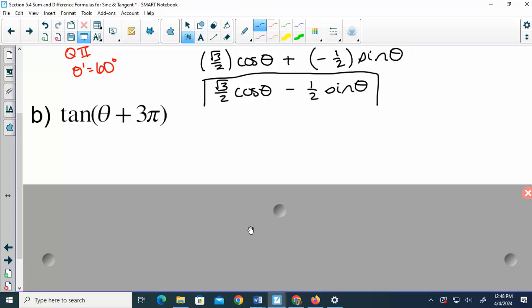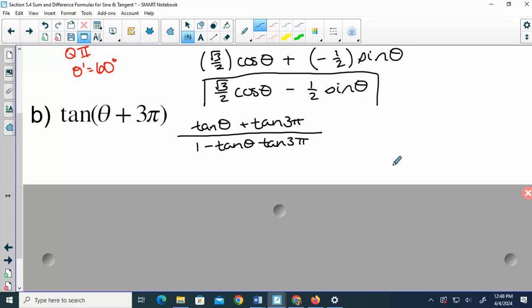Do we need to turn this into degrees? We could, but we don't have to on this. Okay. So we would be using the tangent sum formula here. So that is tangent of the first plus tangent of the second over 1 minus tangent of the first times tangent of the second.